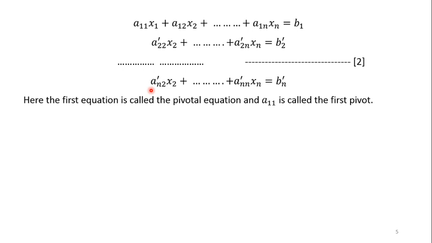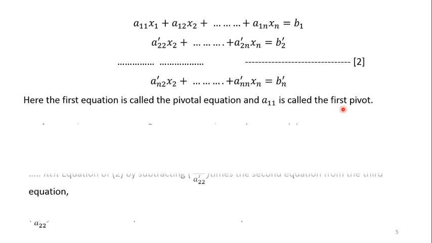Call this system 2. Here the first equation is called the pivotal equation and a11 is called the first pivot coefficient.